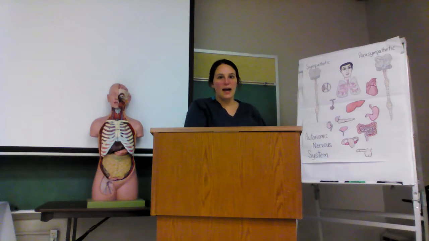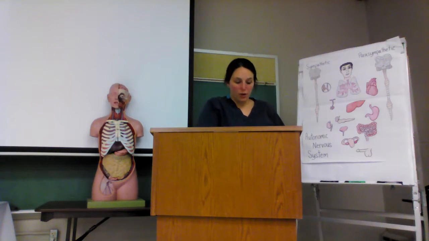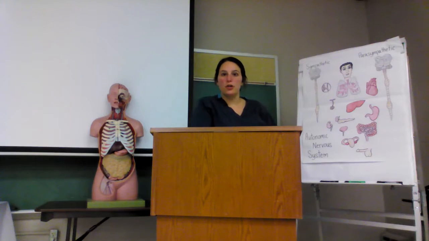So the 4 main categories are going to be your cholinergic agonist, your cholinergic antagonist, your adrenergic agonist, and your adrenergic antagonist. So just 2 examples, if we're looking at the cholinergic antagonist, so we're looking at the cholinergic, which is your parasympathetic response, but an antagonist would be against.